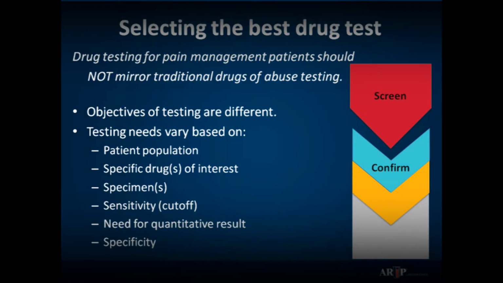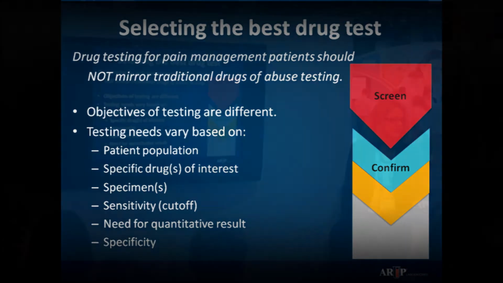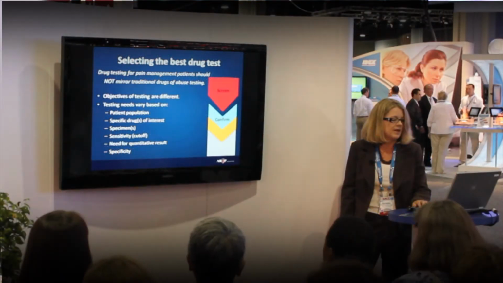The testing needs for pain management patients are going to vary based on the population of patients that's being tested. That is, what drugs those patients are prescribed, what their risk profile looks like, the formulations of drugs that those patients are being prescribed, whether it's primarily transdermal patches or oral medications or other types of formulations.